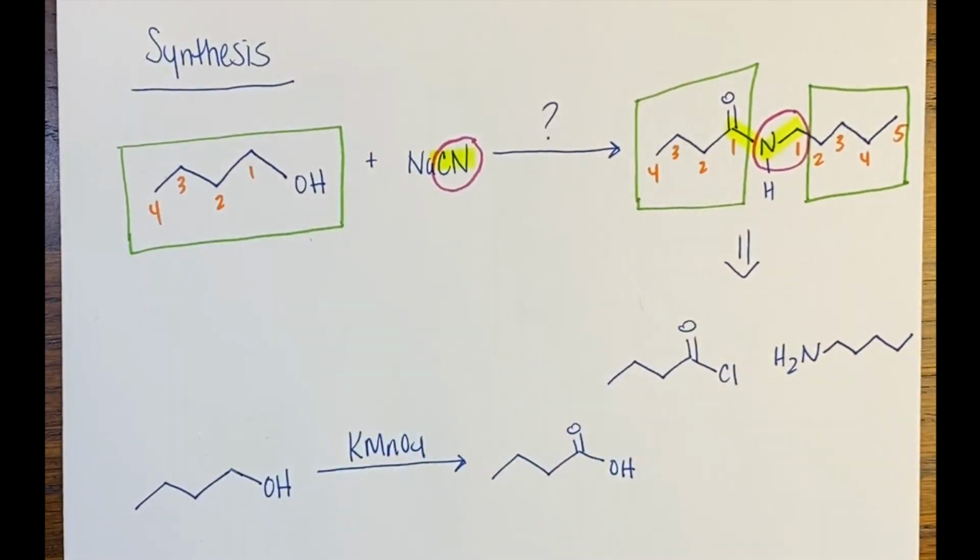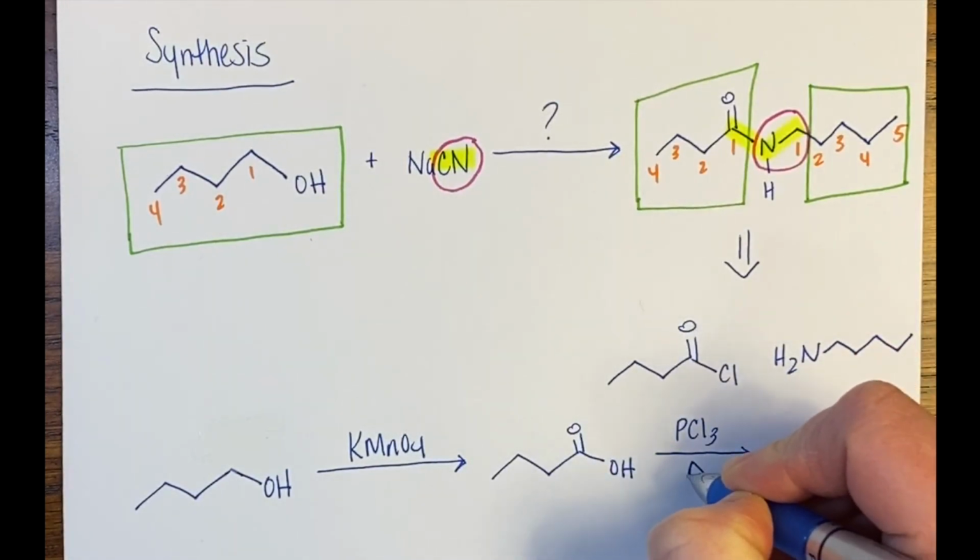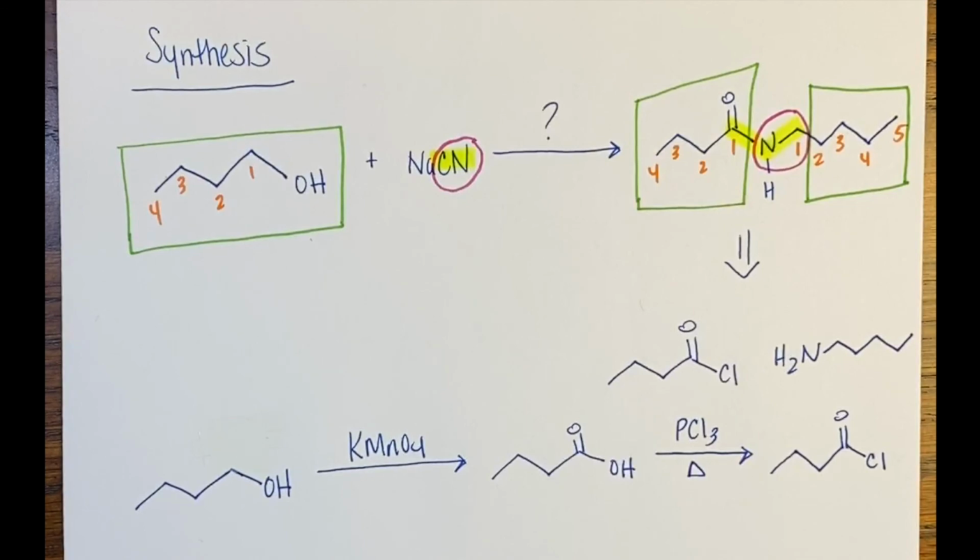Either way is fine. From there, I need to convert the carboxylic acid to the acid chloride. I can do that using PCl3 or thionyl chloride. I'll use PCl3 in this case. So overall, that gives me my first target, the acid chloride.